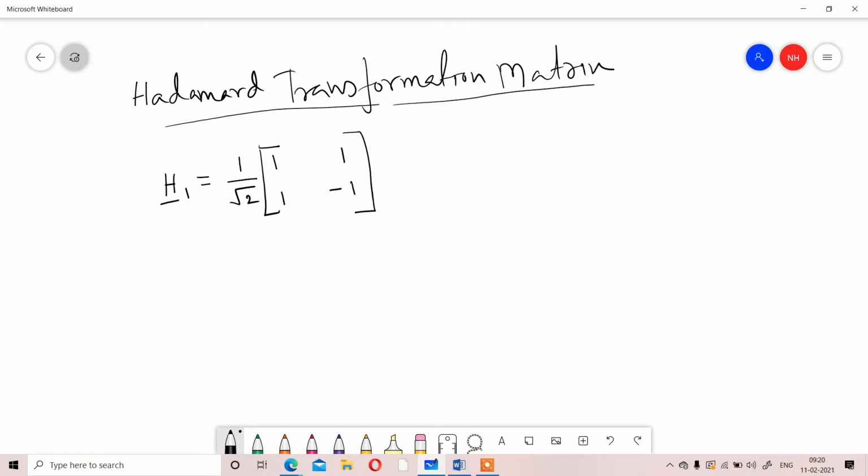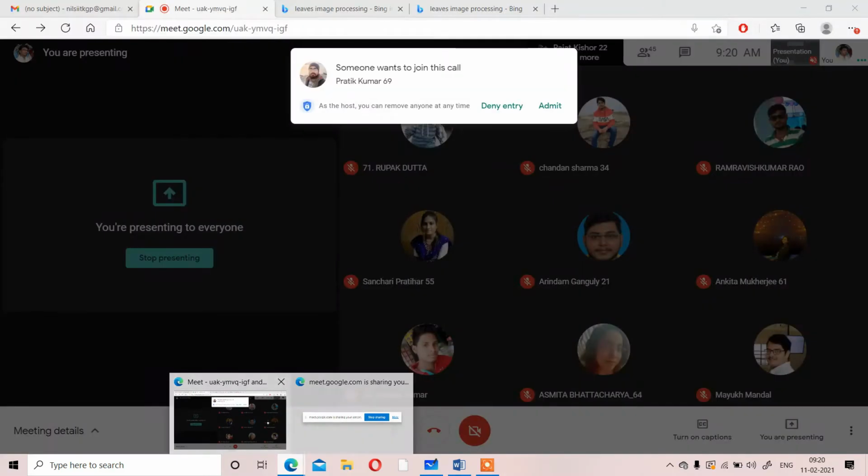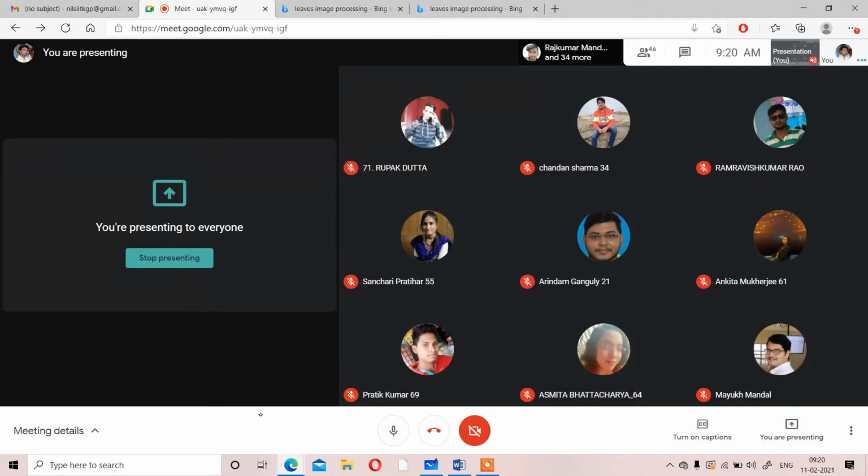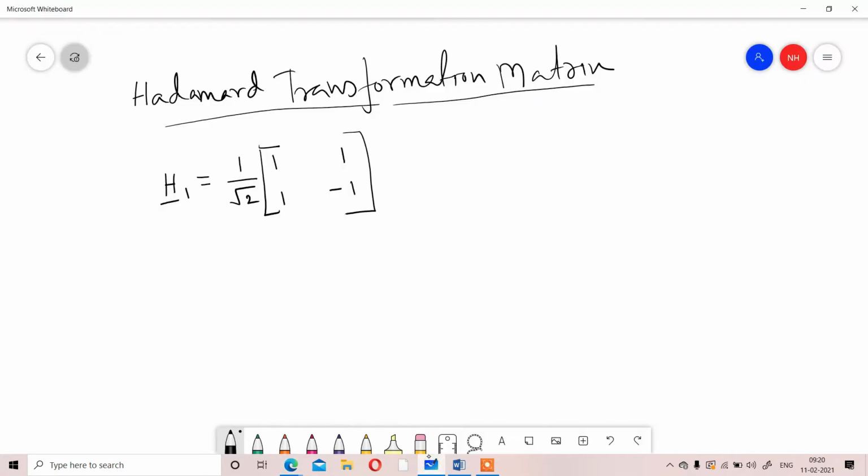Simple, that is all. That is called the Hadamard transformation matrix, and this is called the order of the matrix. So this is the first order matrix, the simplest Hadamard transformation matrix.